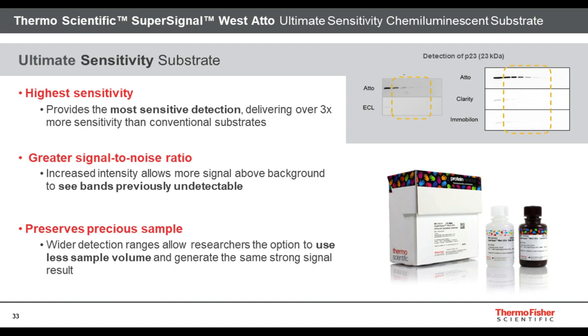Further, it has the greatest level of signal to noise to allow users to visualize bands where previously they were undetectable. An example of this advantage is shown in the 2 Western blot examples in the top right corner. SuperSignal West Atto presents a unique value in allowing users to also save on their sample or antibodies. We'll cover these attributes in greater depth in the following 2 slides.